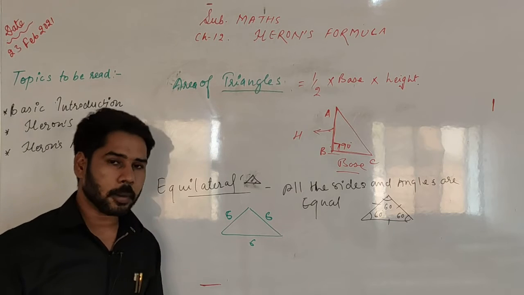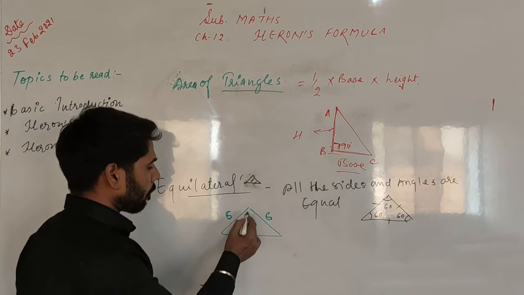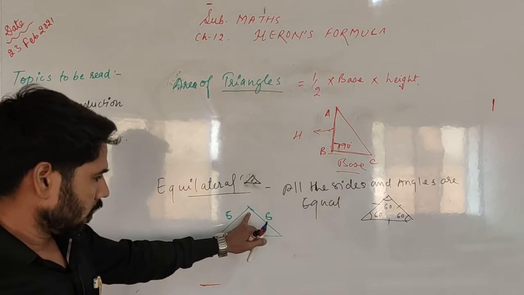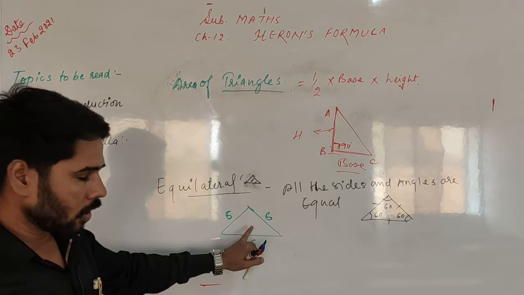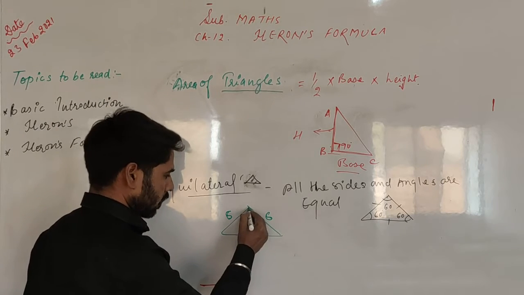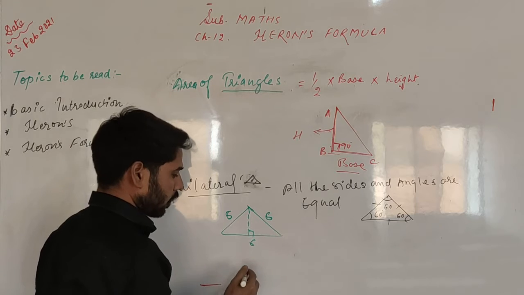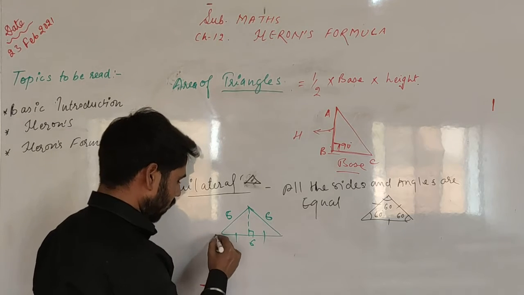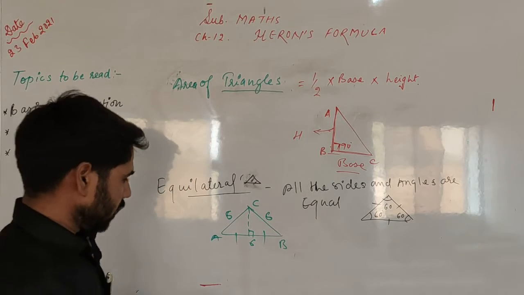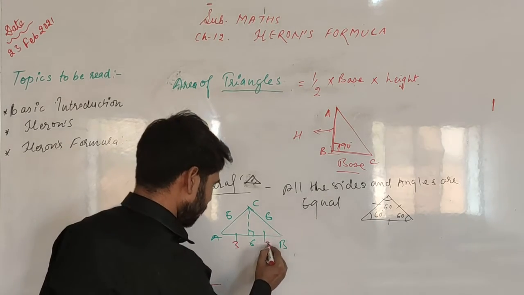The simple method is to draw a perpendicular bisector. If we draw a perpendicular bisector on the opposite side, it divides it into two equal parts. That is the perpendicular. These are equal, A, B, C. Okay. So this is 3, this is 3.